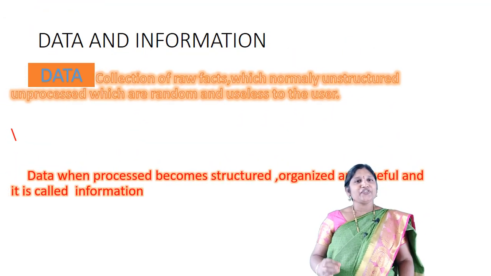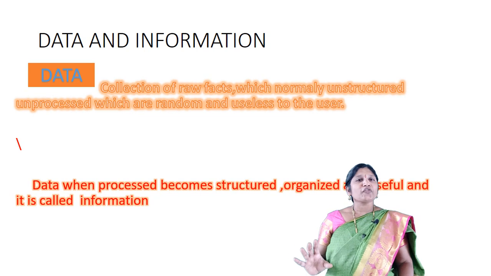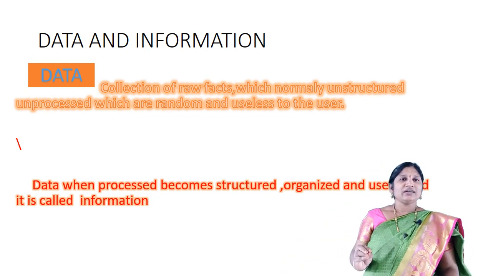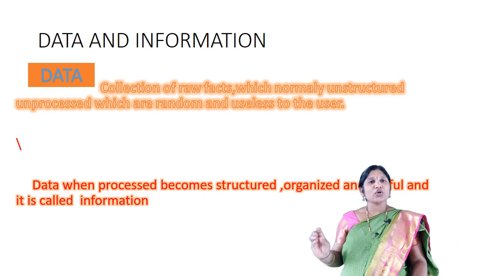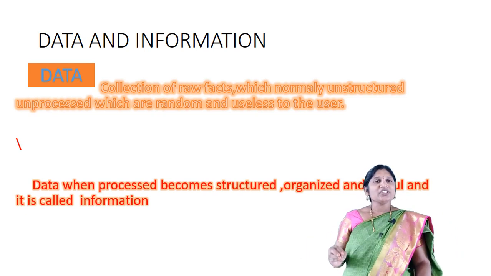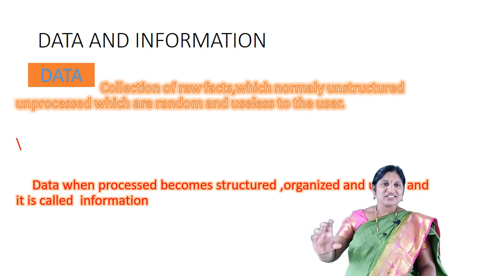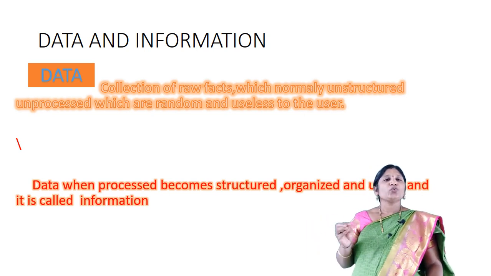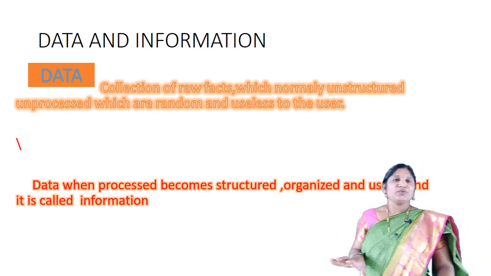Data can be defined as a collection of raw facts which are either unstructured or unorganized, which exist in a random manner, which convey nothing to the user, which are useless. So, what is information?